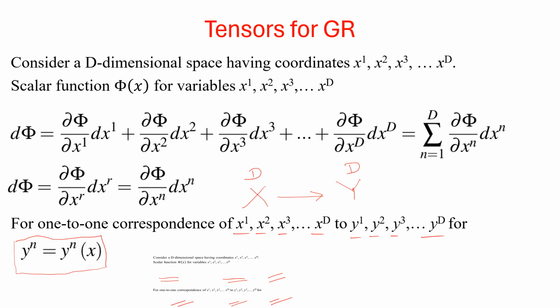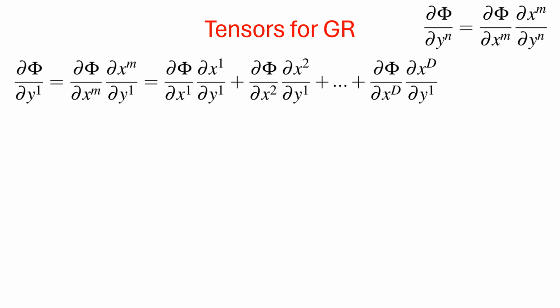We can write this. Now here we have summation convention, and we can express this in this way. So we have introduced this dummy variable xm, and we are considering the transformation from x coordinate system, capital X coordinate system, to capital Y coordinate system. This is governed by this tensor equation.